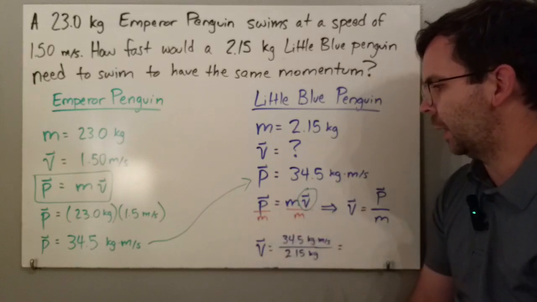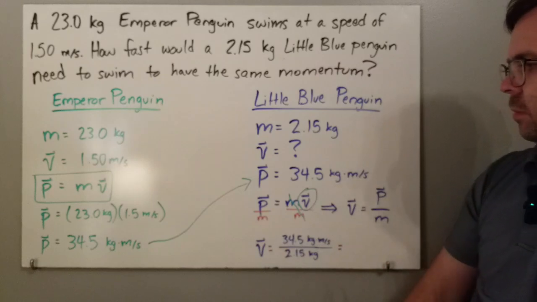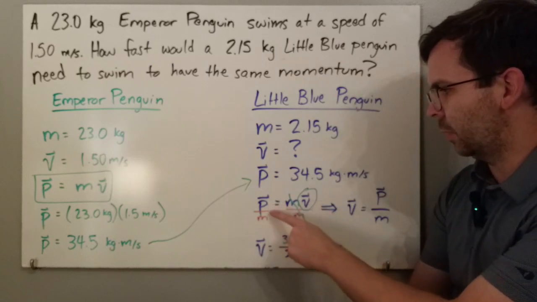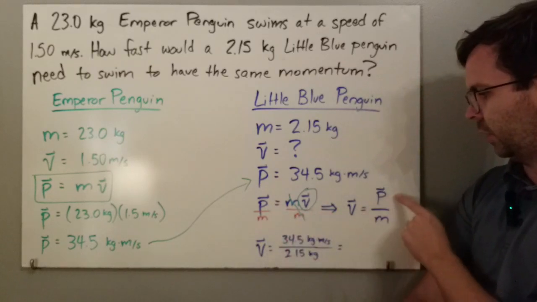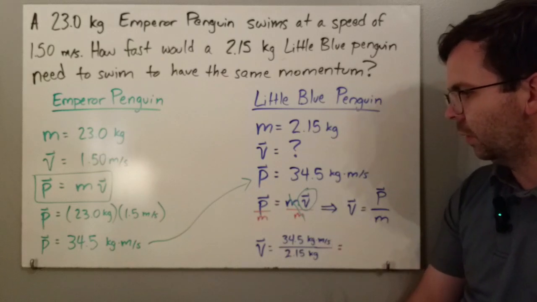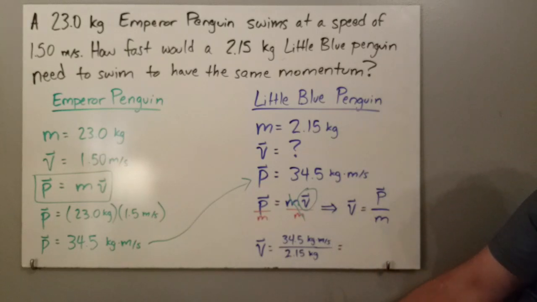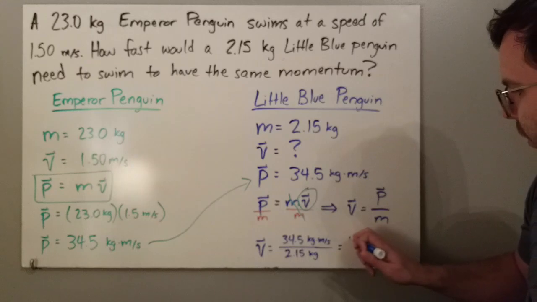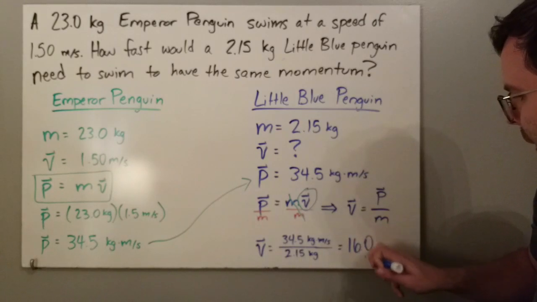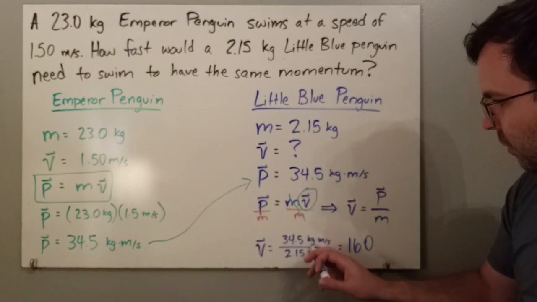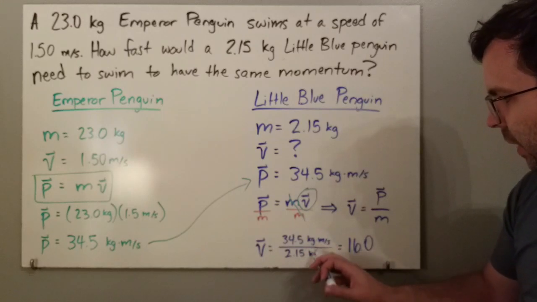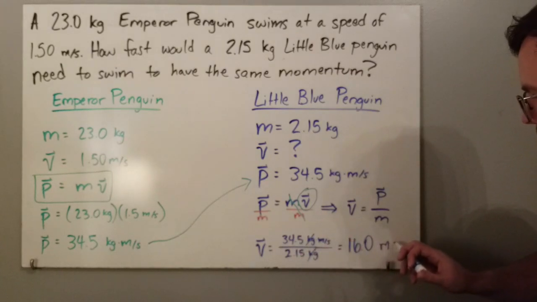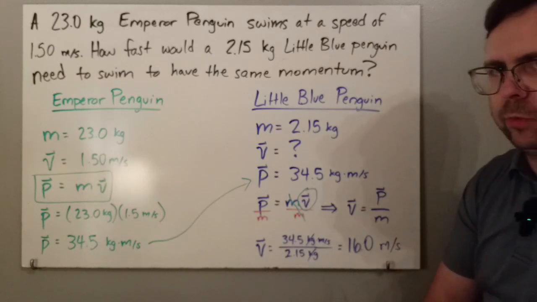We're going to divide by mass, and so that will undo the mass multiplication on this side. That leaves us with momentum over mass for the velocity. So when we do that calculation, 34.5 divided by 2.15, we get an answer of 16.0. And if you look at our units, we have kilograms times meters per second divided by kilograms. These kilograms will just cancel out, leaving us with meters per second for our answer.